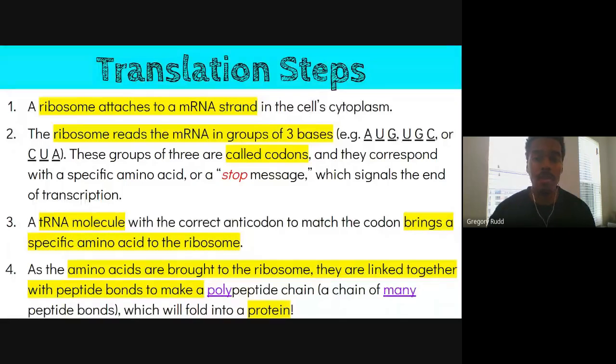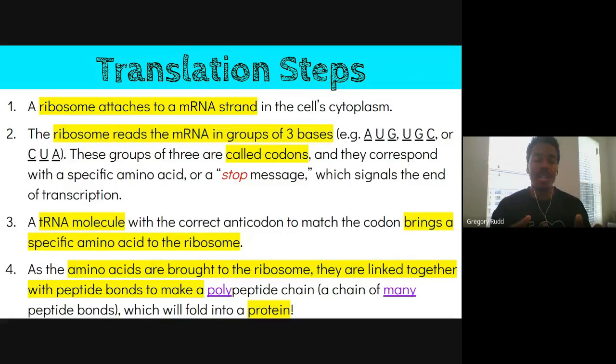Then the first step of translation is for a ribosome to come and attach to that strand. So the last step of transcription and the first step of translation flow back to back. Even though we talk about these as two different processes, this is all happening stepwise. So a ribosome will attach to that mRNA strand.